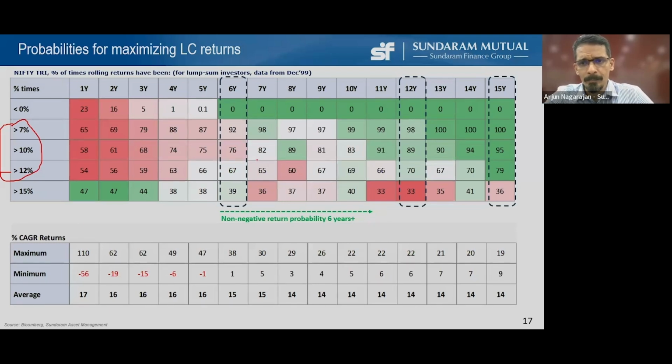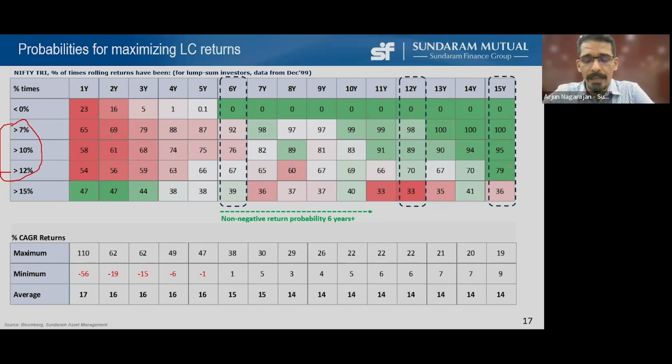Then these two time frames become important. 67% of the time you have made more than 12% return if you're invested for a 6-year period. 70% of the time you have made more than 12% if you're invested for a 12-year period, and that goes up to 79%.